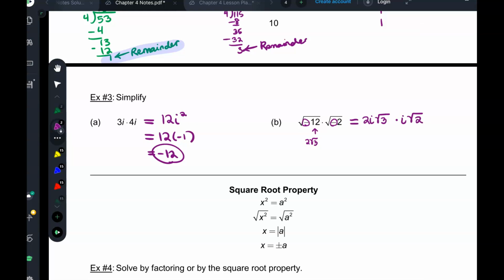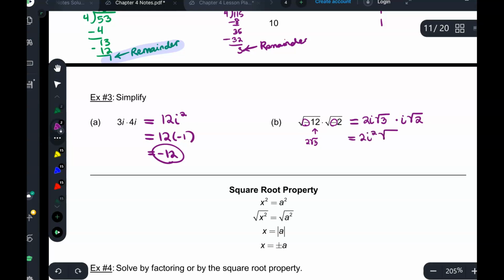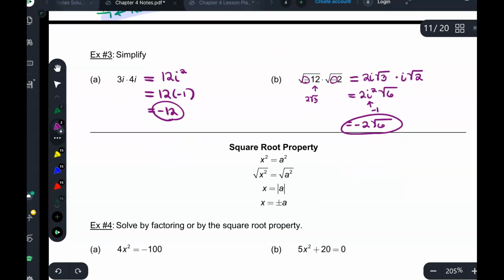Now I'm going to multiply. So I have 2i squared times the square root of 6. i squared is -1, so I get -2 root 6. So you want to definitely write it in terms of i first, and then you're going to multiply it out.